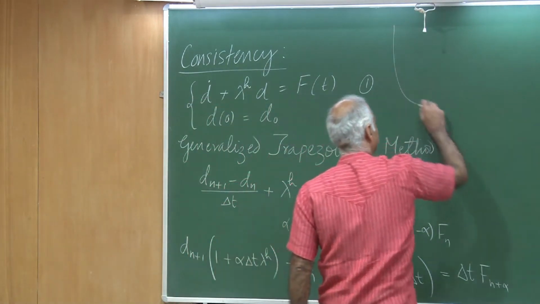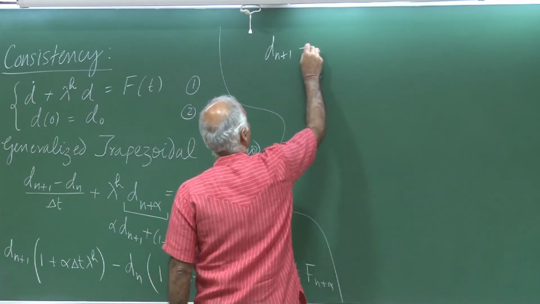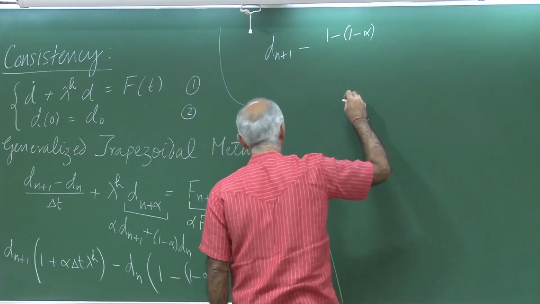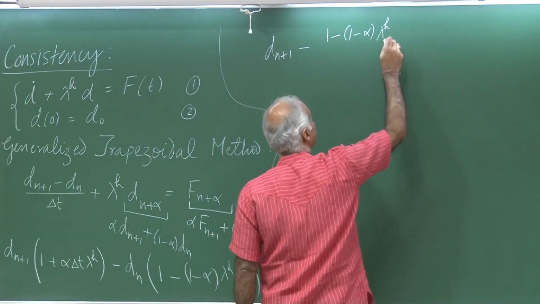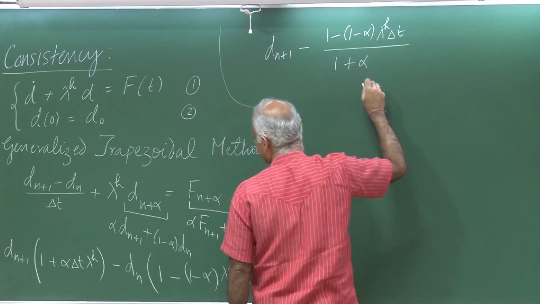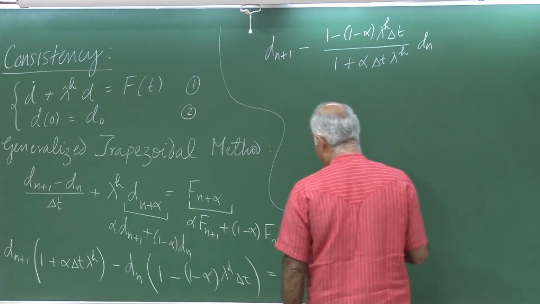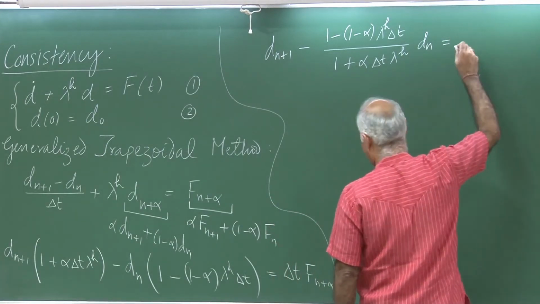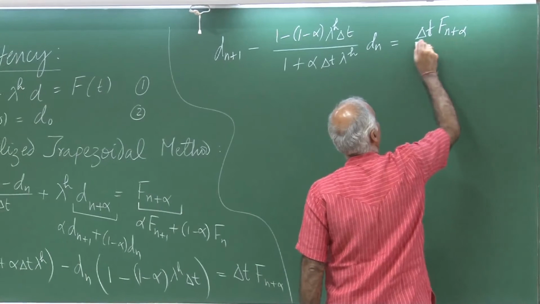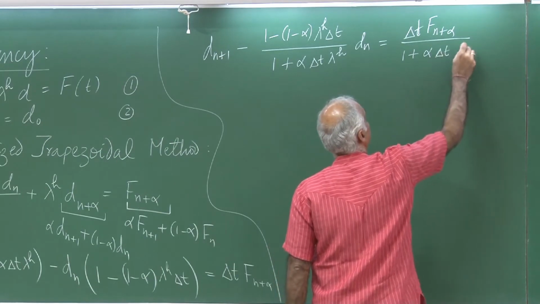So, let us write that down. So, this would become d n plus 1 minus, I have 1 minus 1 minus alpha lambda h delta t divided by 1 plus alpha delta t lambda h, this is dn, and this is equal to delta t times f n plus alpha divided by this quantity 1 plus alpha delta t lambda h.